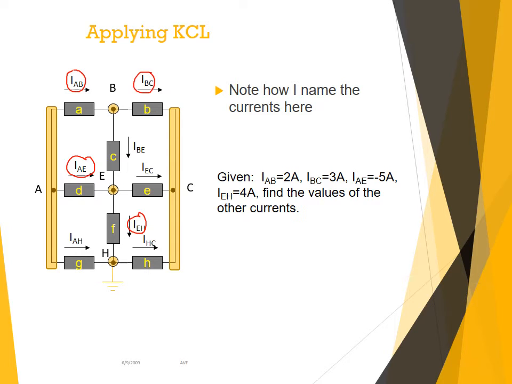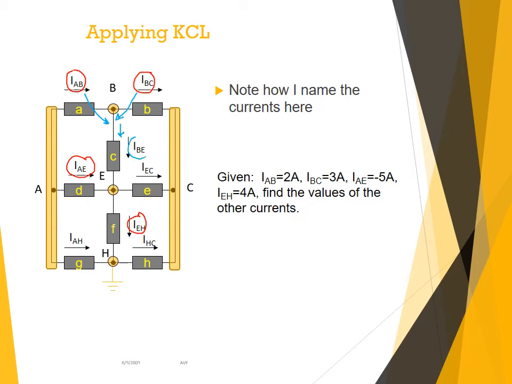If you have IAB and IBC, then the only other current coming out of node B is IBE. So in fact, these two currents, between the two of them, will allow you to calculate IBE. So now you have IBE.